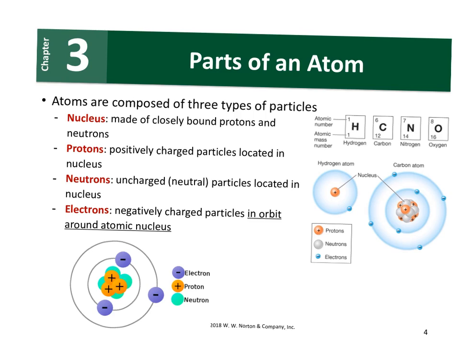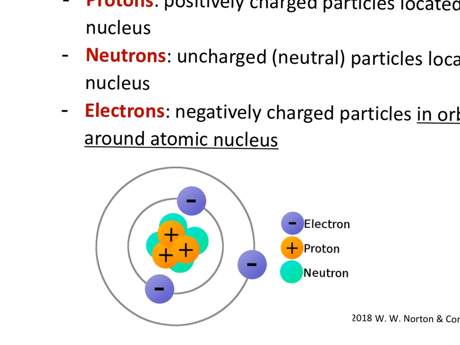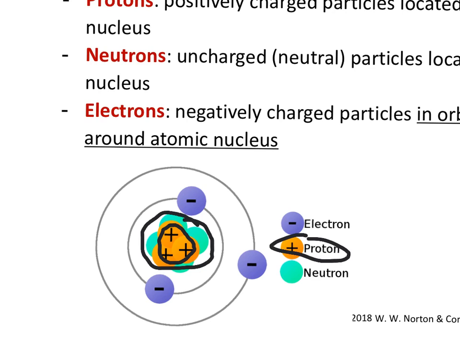So we're just going to go over the parts of an atom real quickly. Here's our nucleus, and they're made of protons right here, and then neutrons, these things, and then finally electrons.